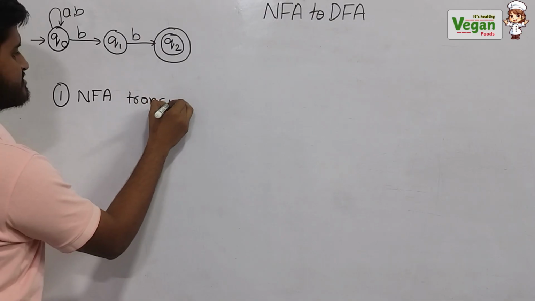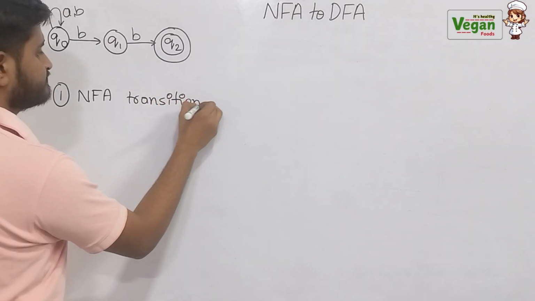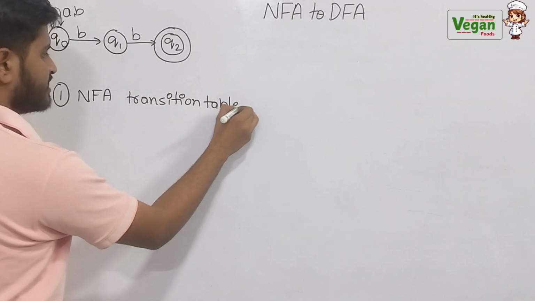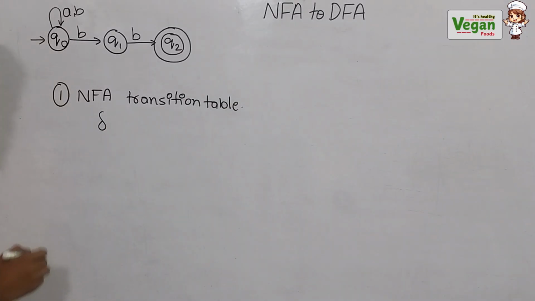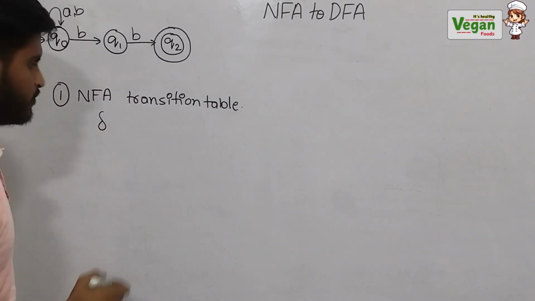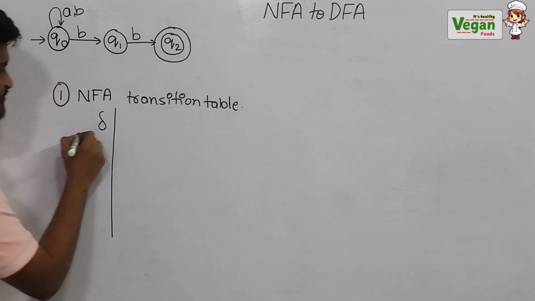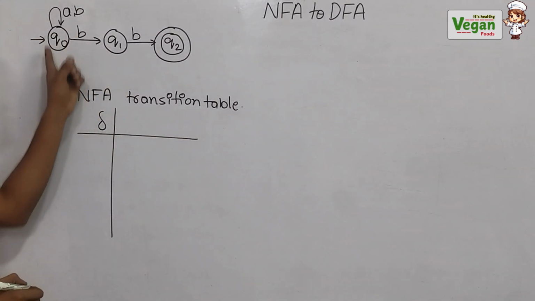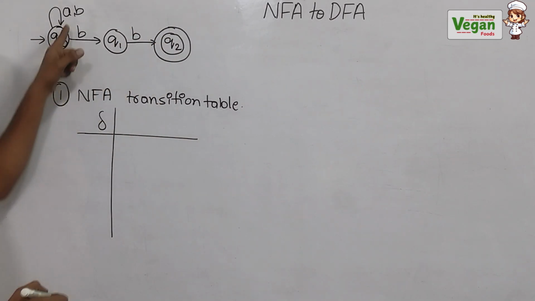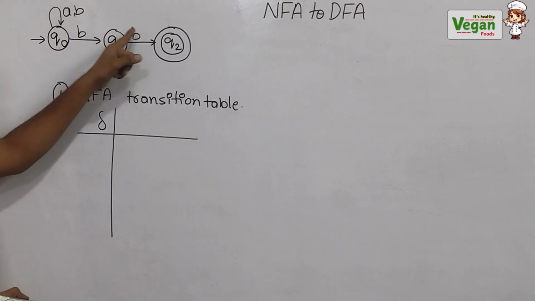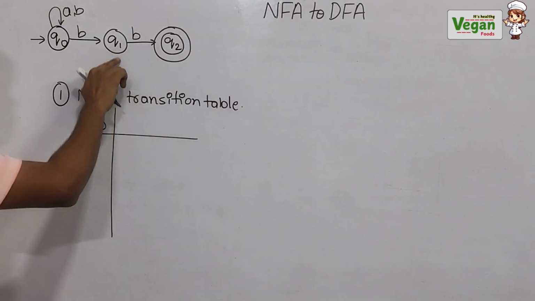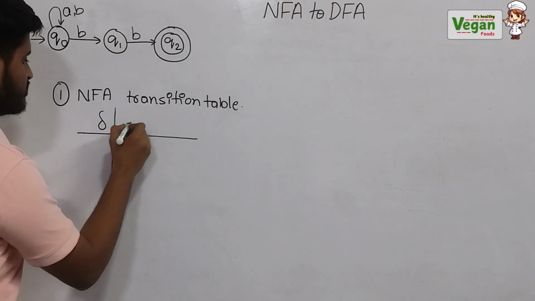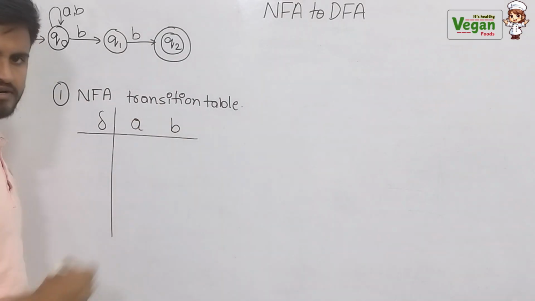NFA transition table. So how to construct? Any transition table will be represented using delta. If you see the input symbols used in the given NFA diagram, small letter A and small letter B are used for the transition from one state to another state. So write A and B here.